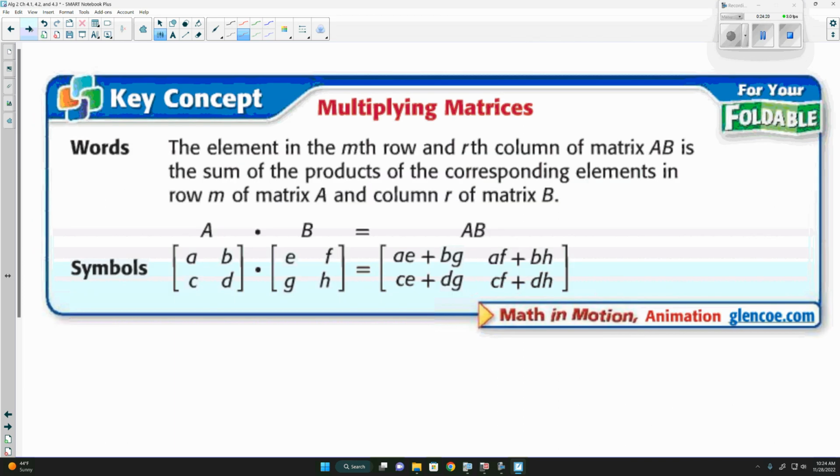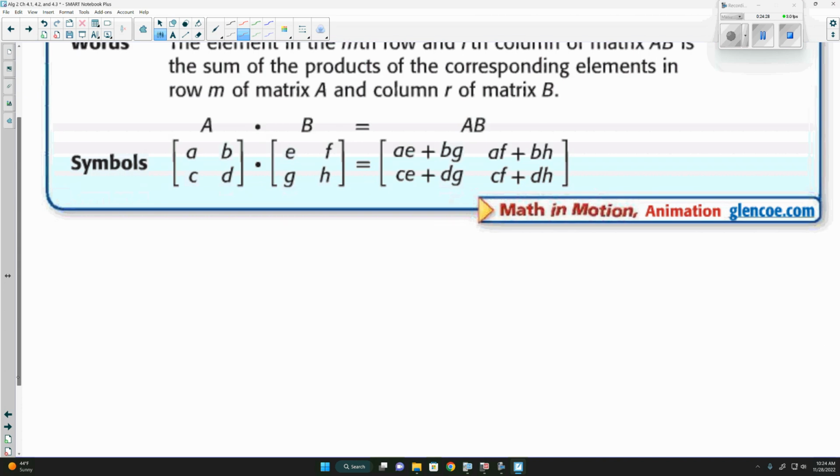When we multiply two matrices, the way I think about it is over and down. So when we multiply a 2 by 2 and a 2 by 2, we go over and down. We do A times E and then B times G and add those together to get our first one. And we do the same thing, we go over and down to get our second row first column.